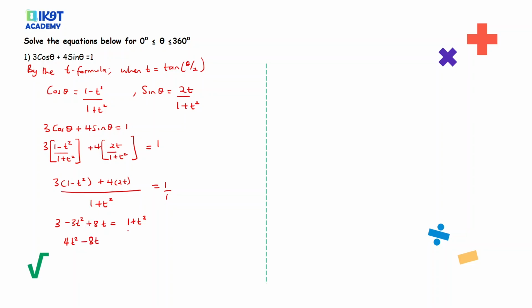Then I have 1 minus 3, that is minus 2, is equal to 0. So I can choose to divide through by 2. So what do I get? I get 2t squared minus 4t minus 1 is equal to 0.